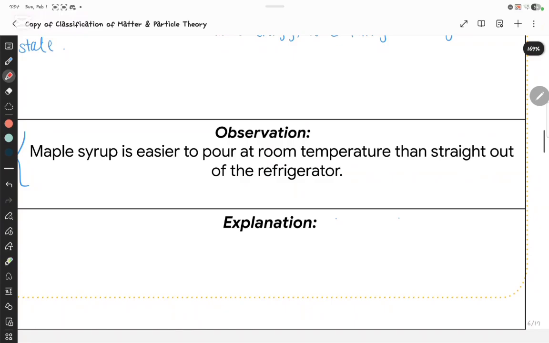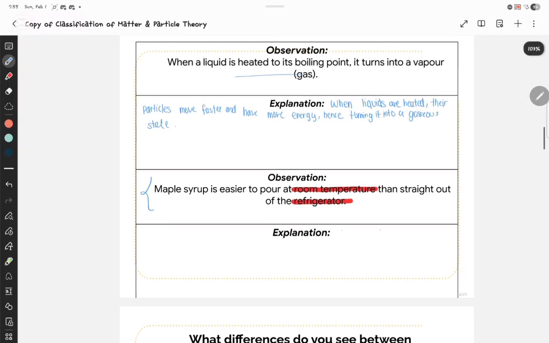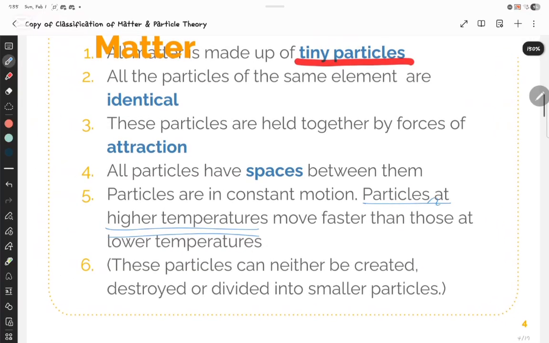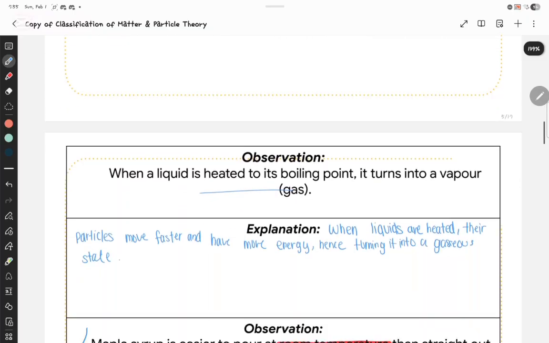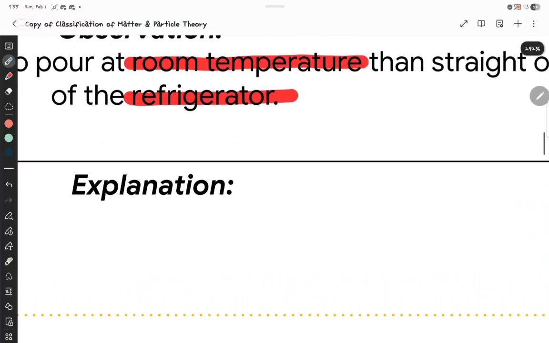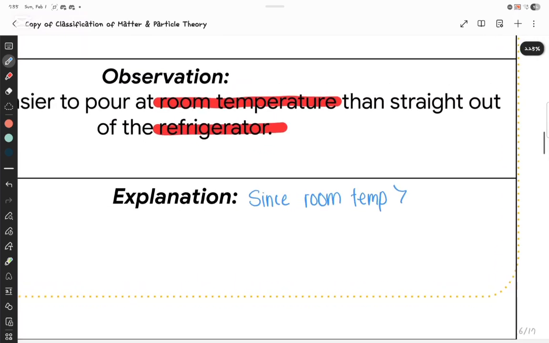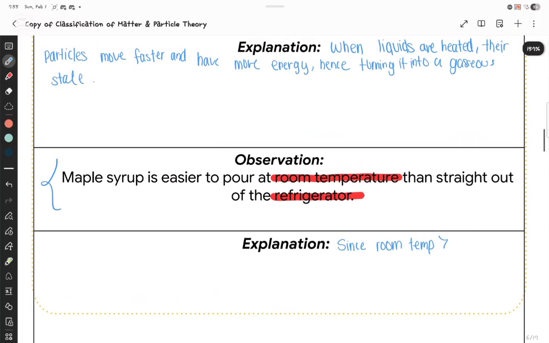Okay, so our next observation is that maple syrup is easier to pour at room temperature than straight out of the refrigerator. So why does this happen? If we go back to the rule here, theory number 5, particles at higher temperatures move faster than those at lower temperatures. Hence, we can apply it straight to this question. I'm just going to phrase this in a very shorthand way, but you guys can write it more professionally in the exam.